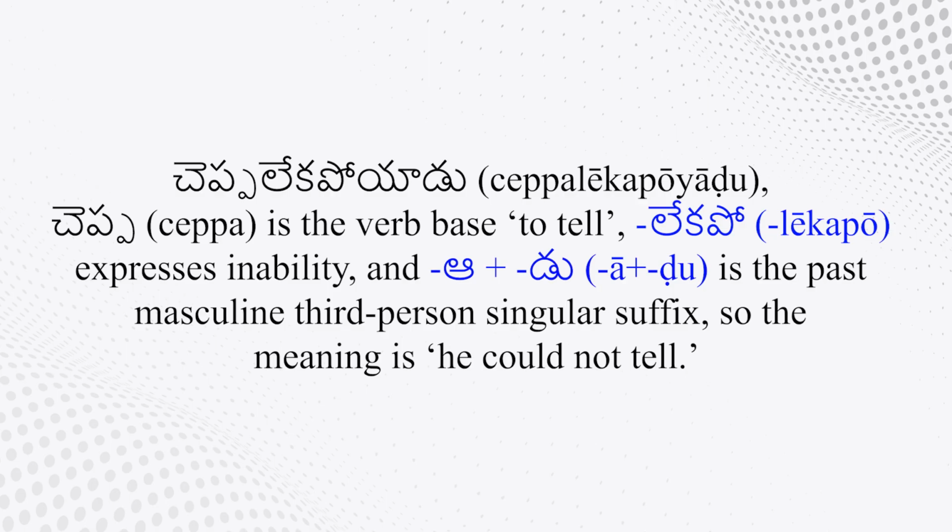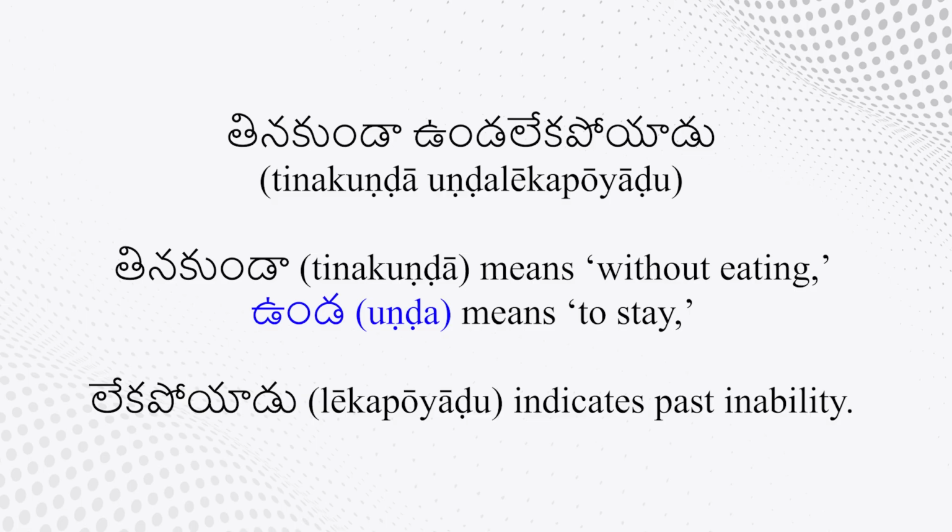Next example is చెప్పలేకపోయాడు. చెప్ప is the verb base to tell, లేకపో expresses inability, and aadu is the past masculine third person singular suffix. So the meaning is he could not tell. A more complex example is తినకుండా ఉండలేకపోయాడు, where తినకుండా means without eating, unda means to stay, and లేకపోయాడు indicates past inability.